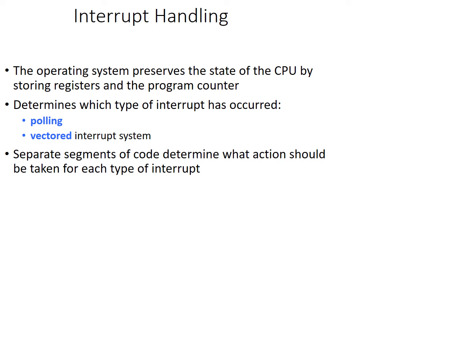It determines which type of interrupt has occurred, by polling or a vectored interrupt system. Separate segments of code determine what action should be taken for each type of interrupt.